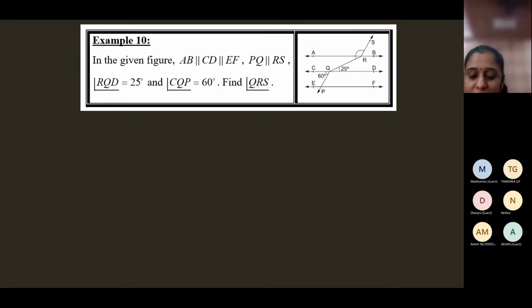Completed, ma'am. Very good. What's the value of QRS? I want you to find the value of angle QRS.